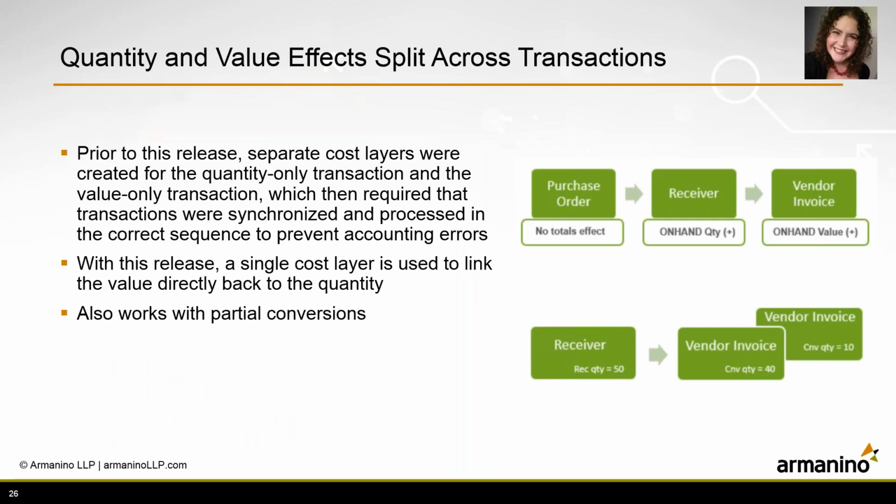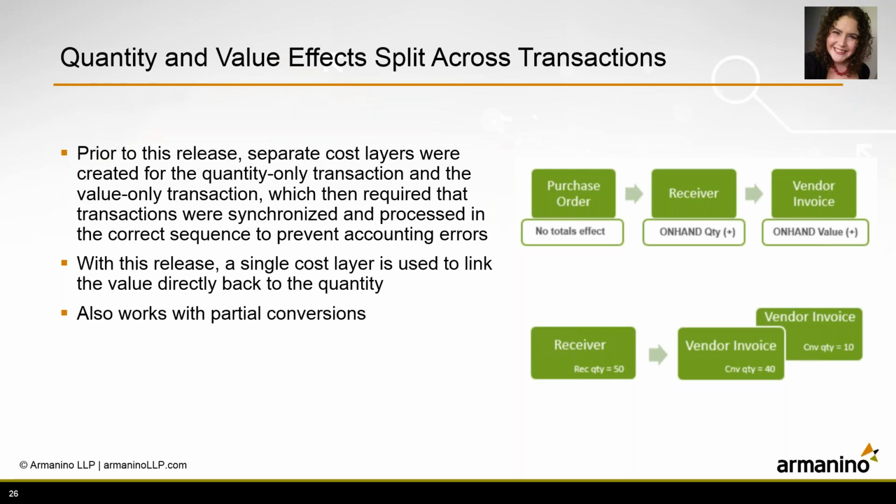The first one that I wanted to point out and talk about is the quantity and value effects that are split across transactions. So this is what I was alluding to on the last slide there. So when you have a purchase order, there's no effect on the totals. But when your receiver comes in, you have increased your on-hand quantity.